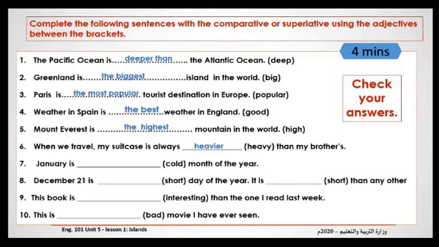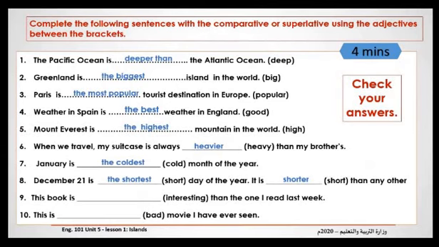Number 7, January is the coldest month of the year. Number 8, December 21st is the shortest day of the year. It is shorter than any other day.